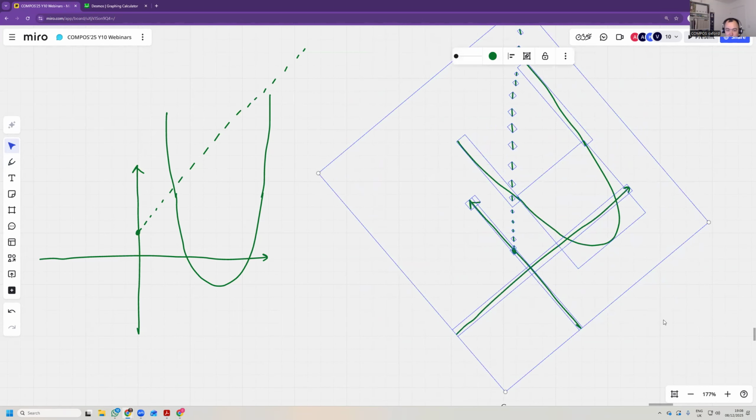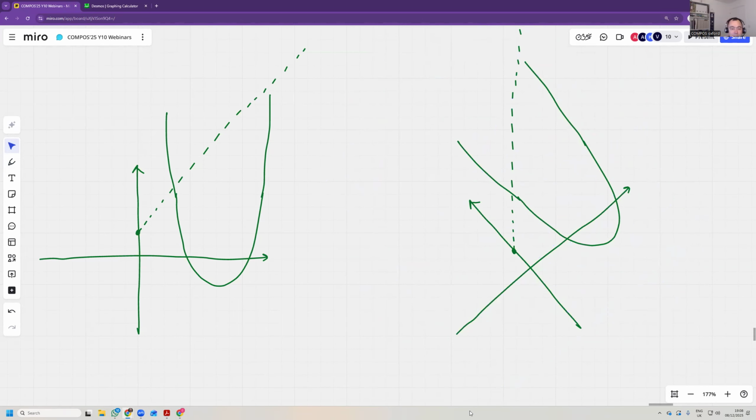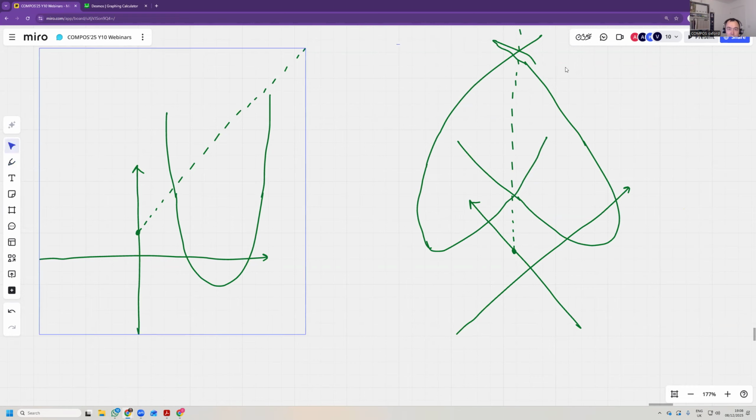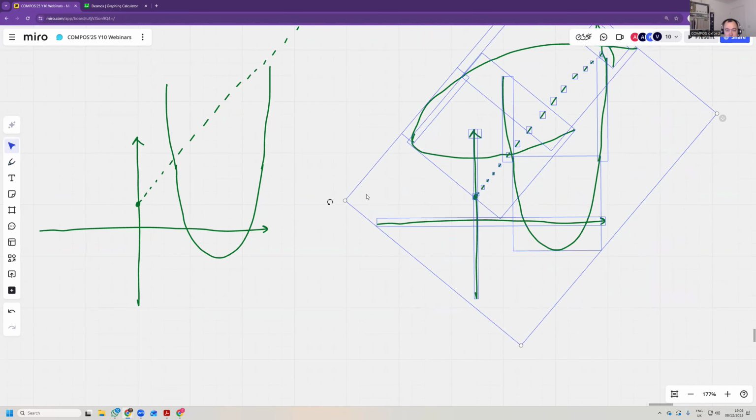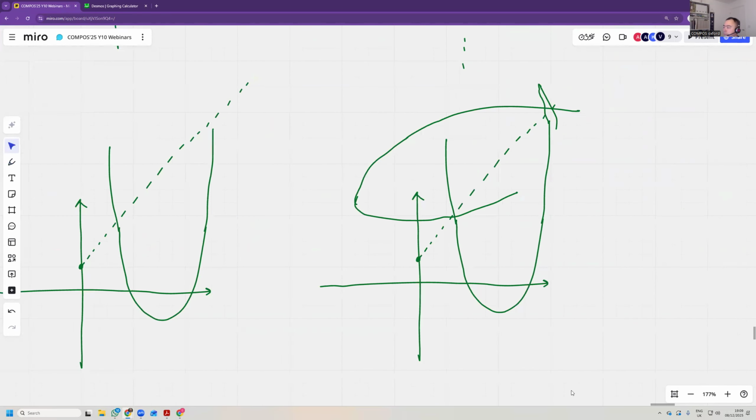So now the line is vertical. This transformation is a rotation. Then I would create a mirror image of that parabola, and then I would rotate it back. So I would apply three different transformations here. I hope that makes sense.